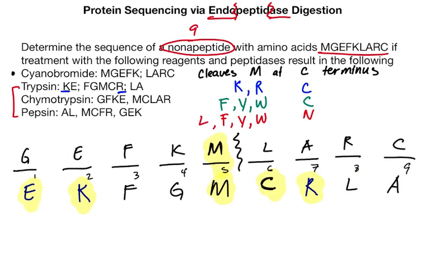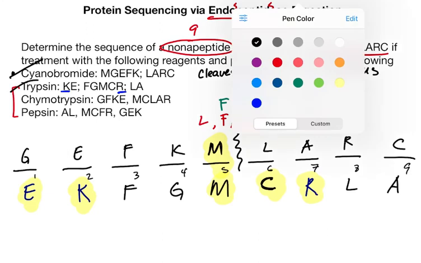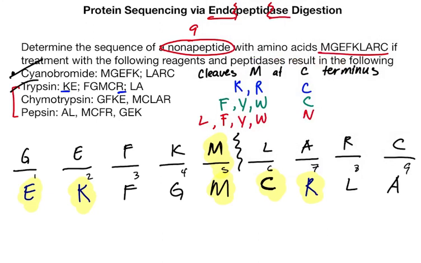So we're going to use chymotrypsin and pepsin. So we've already done cyanogen bromide and we've done trypsin. Now let's take a look at chymotrypsin. For chymotrypsin, it's going to cleave phenylalanine, tyrosine, and tryptophan at the C terminus. But here we only have F, right? We only have phenylalanine. So for phenylalanine, F over here, it's going to form a tetrapeptide.